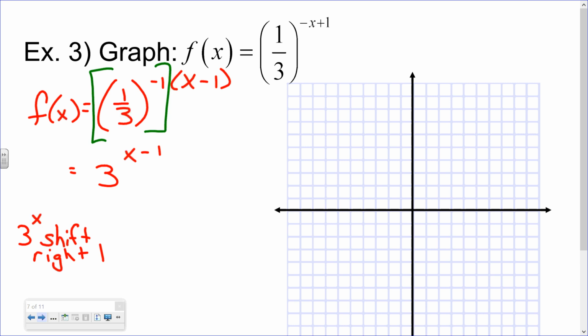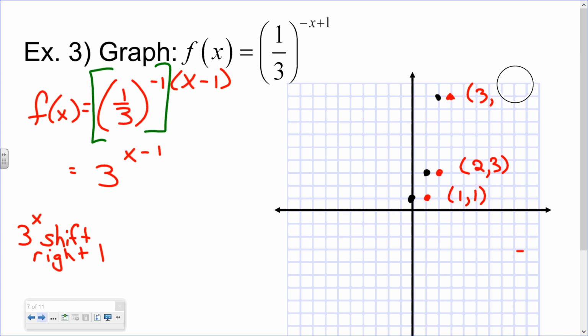So if I do 3^x, I have 0, 1, 1, 3, 2, 9, and anything else is off the grid. And I have the x-axis as an asymptote. If I shift everything to the right, if the asymptote shifts right 1, does that change anything? So then I'm going to shift each of these to the right 1 and figure out their coordinates. So I have 1, 1, I have 2, 3, and I have 3, 8, right?